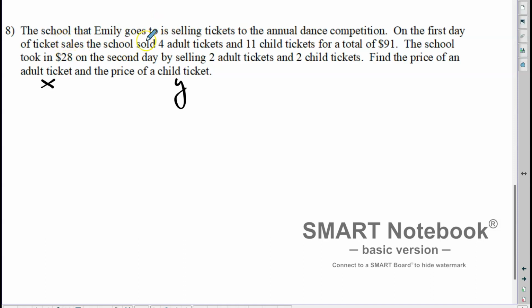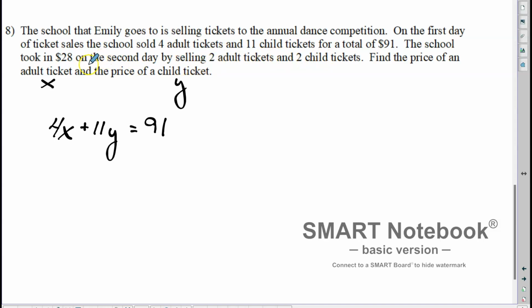On the first day of ticket sales, the school sold 4 adult tickets, so 4 times whatever the cost is, and 11 child tickets, and we made $91. The school took in $28 on the second day by selling 2 adult tickets and 2 child tickets.